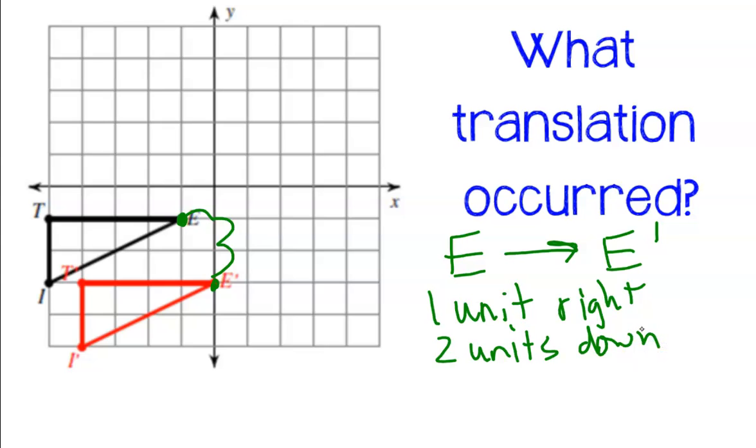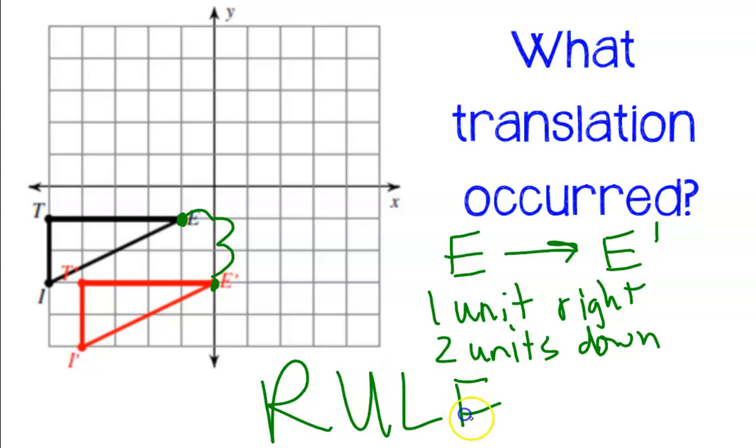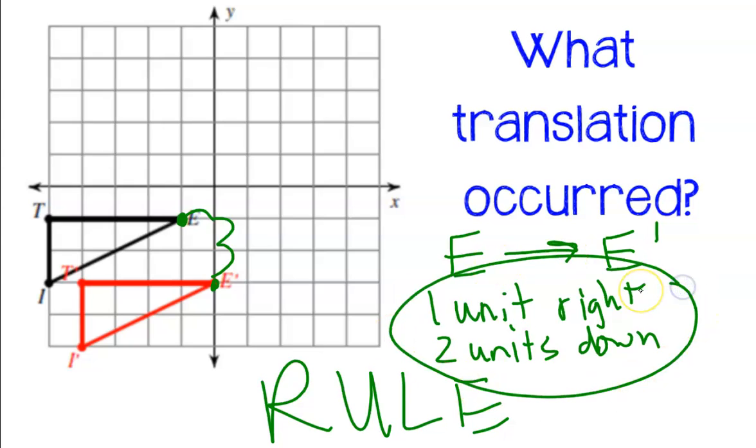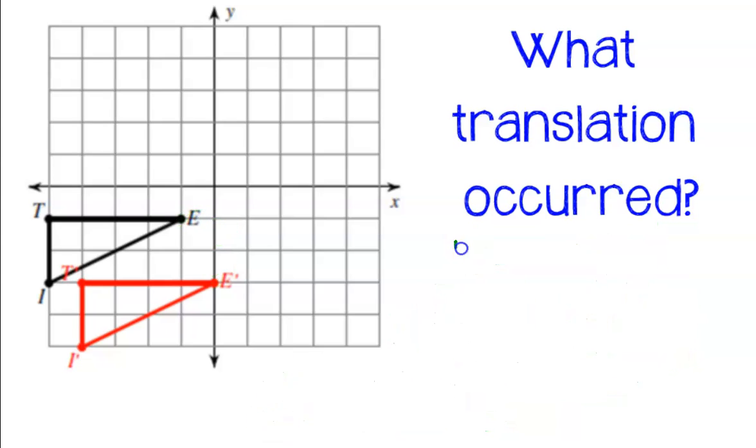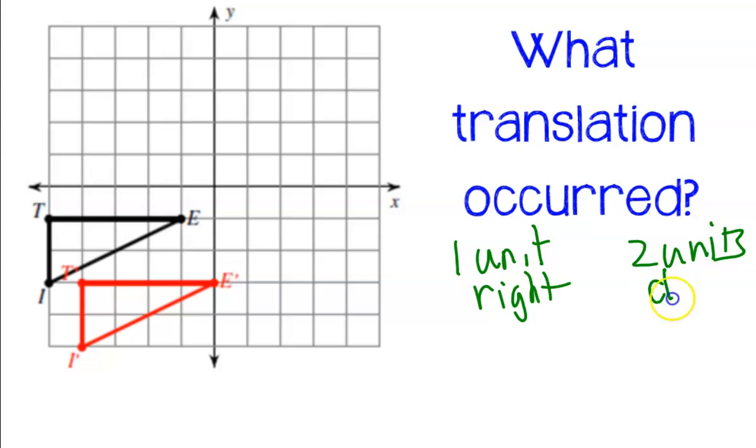Another way is by writing a rule. So keep this in mind as you're looking at your questions in Desmos today. So this is not the rule. That's the English sentence that describes what happened. But if you move 1 unit right, and you move 2 units down, you are actually doing some math to the x and y coordinates.